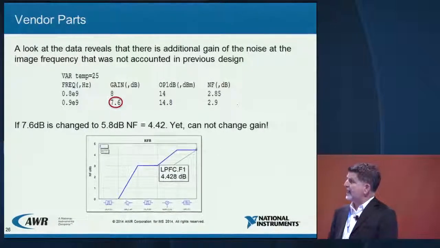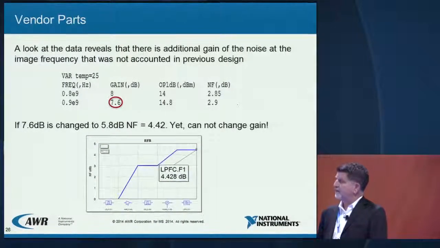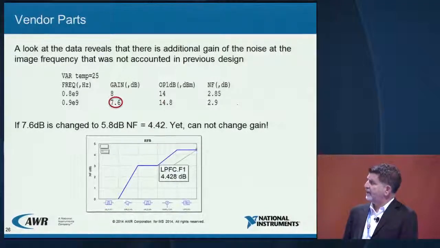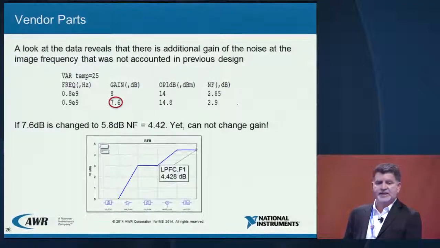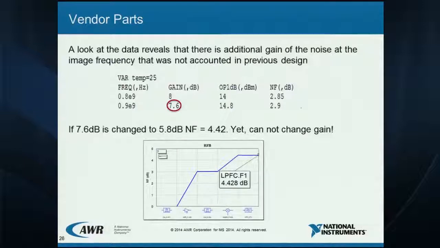And if we look at 900 megahertz, that's the image, we see here that the gain is 7.6 dB. So there was extra gain added at that image due to the frequency dependency of that amplifier. If I could switch this number to 5.8 dB, I would realize about 4.4 dB noise figure, but I can't.